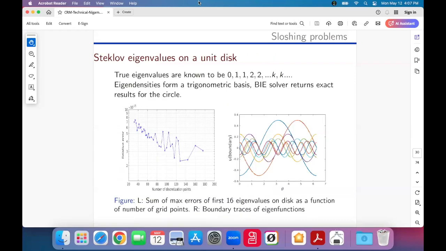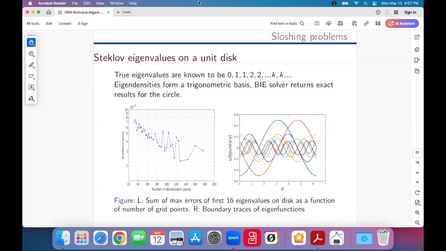And the results are actually pretty spectacular. So on the disk, on the left, I'm showing you the sum of the maximum errors of the first 16 eigenvalues. And on the y-axis, you can see the scale is 10 to the minus 15. So we get all the digits we want. On the x-axis is the number of discretization points.